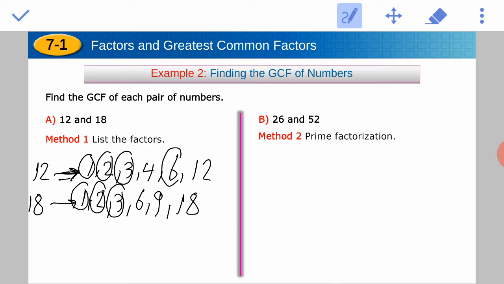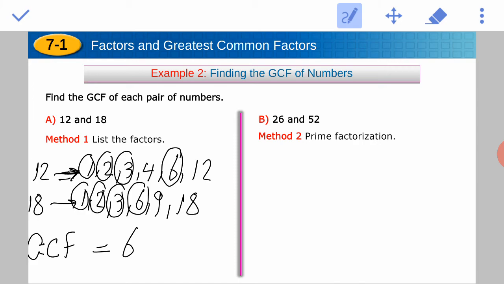Yeah, I'm gonna circle the 6. 9 is not common. 18 is not common. 12 is not common. And now, guys, we need to write the GCF, the greatest common factor or the greatest common divisor. Apparently, the greatest common factor among these circled ones is 6. So 6 is the greatest common factor of these two numbers.